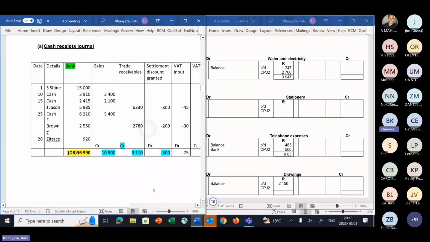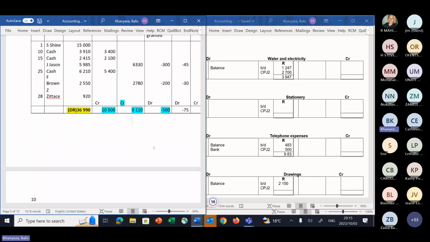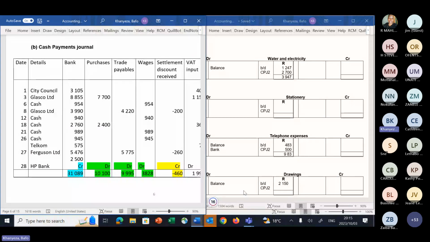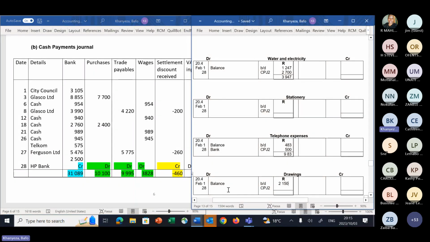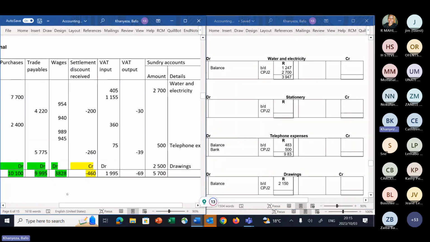Some of you might be struggling to follow. I just want to tell you that in accounting, the journal is the most difficult since I've done accounting, because it's a lot of batching and everything. Back then it used to be manual. Now you can do this via Excel, and you can copy and paste.